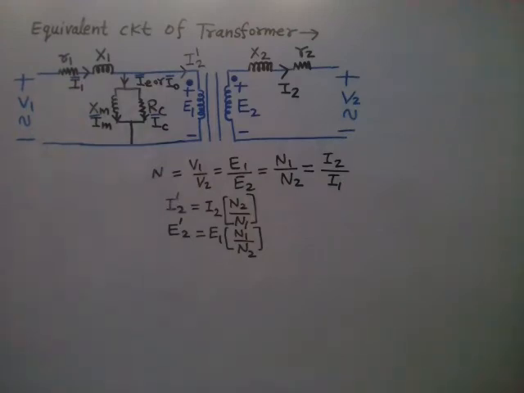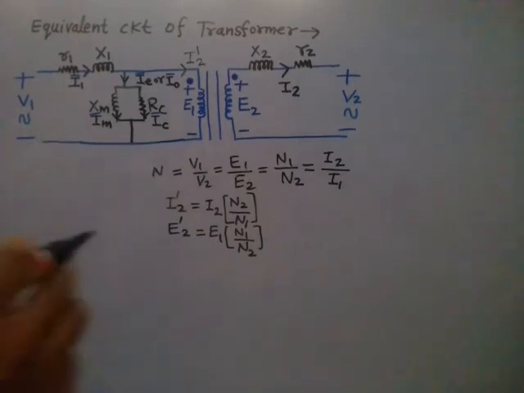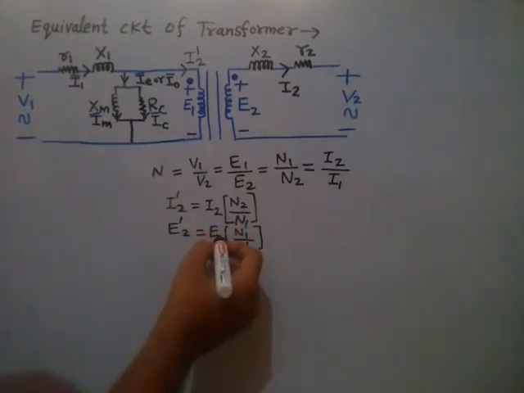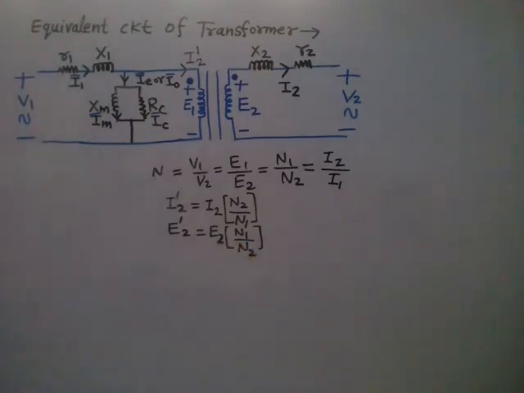I'm sorry, just rectify this, this is not E1, this is E2. E2 dash is equal to E2 N1 by N2. Right? And also the ohmic values will be referred by the square of the turn ratio.